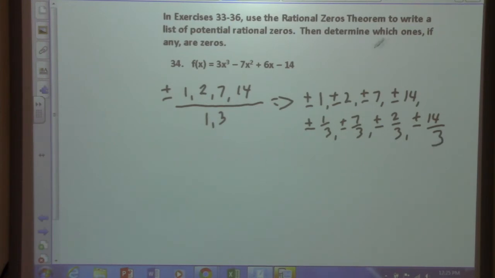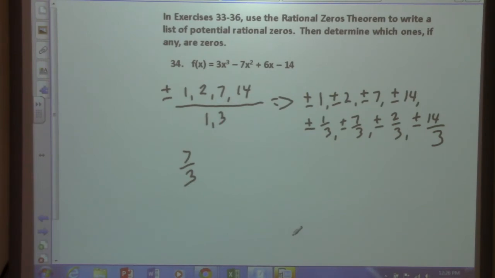Now, this says determine which ones, if any, are real zeros. So we could try these. Because it's not as crucial to what I'm trying to demonstrate here, as it turns out, the zero that is real is 7/3. So 7/3 is our real zero. I want you to test it.